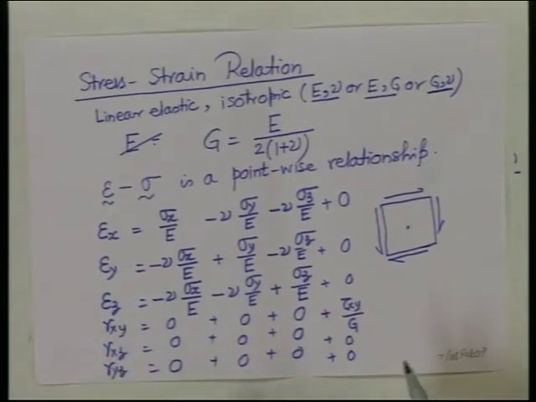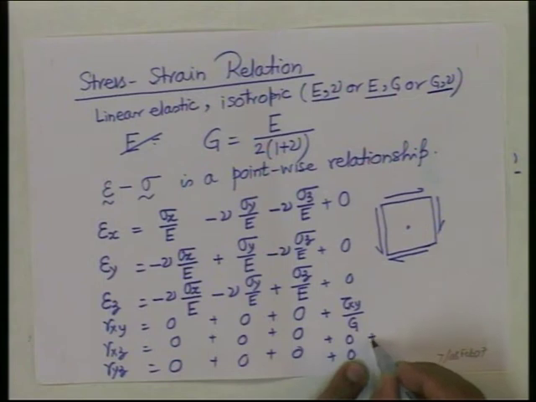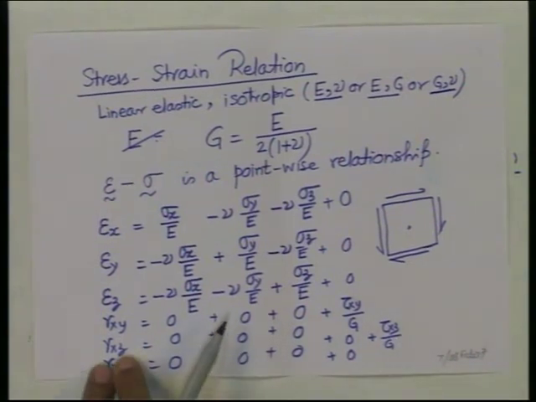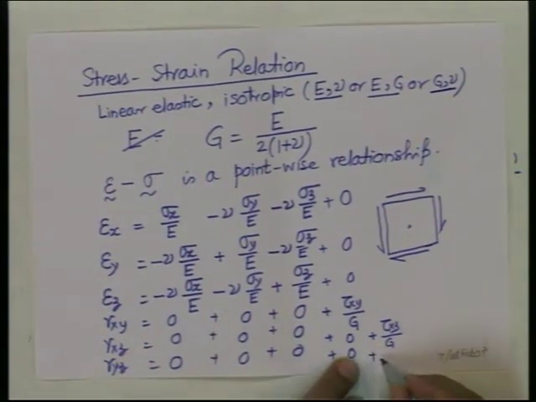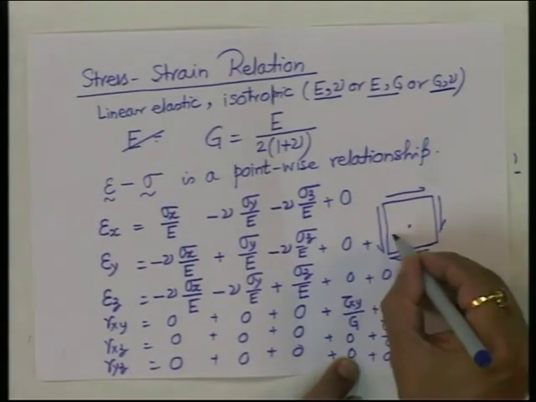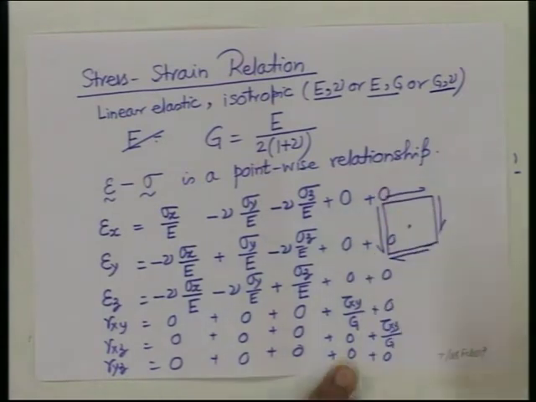Similarly, the next shear stress, tau xz, will produce only the corresponding shear strain, and the rest will all be 0. We are simply superposing all the states of strain.